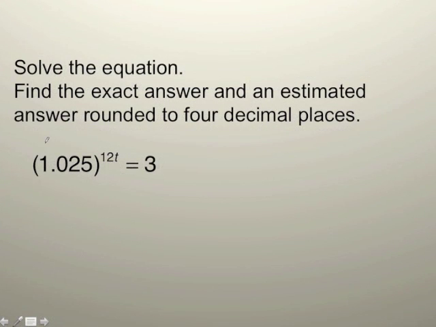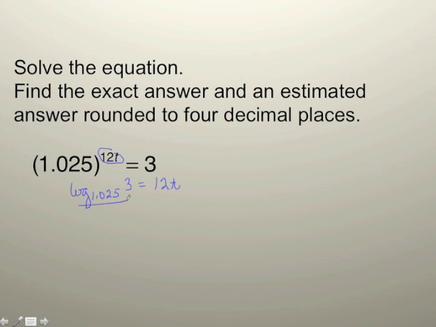We'll use our rules of logs to solve this problem. The first thing I'm going to do, since the variable I'm looking for is in the exponent, is change this to log form. So it will be log base 1.025 of 3 equals 12t.